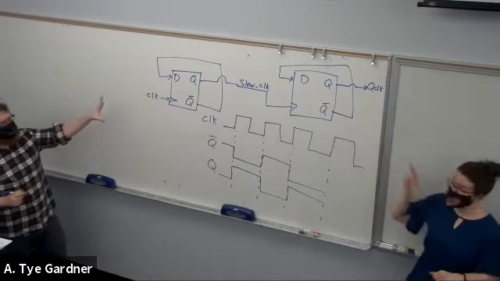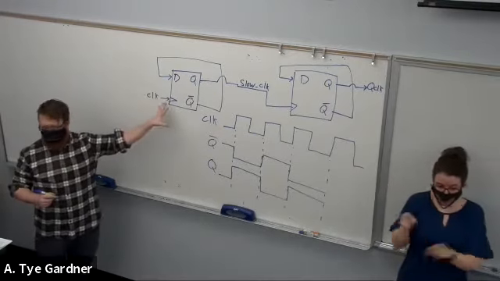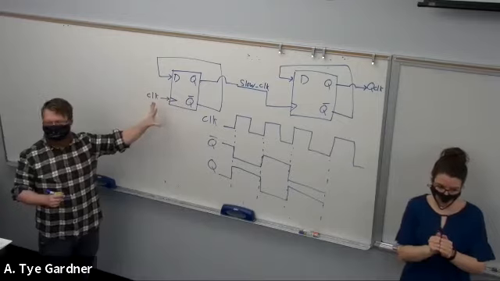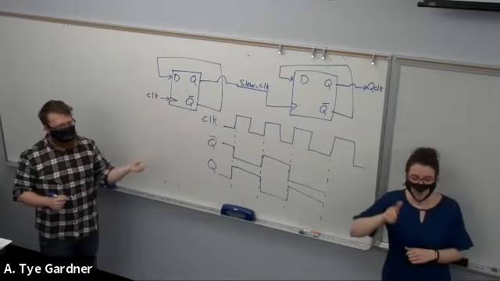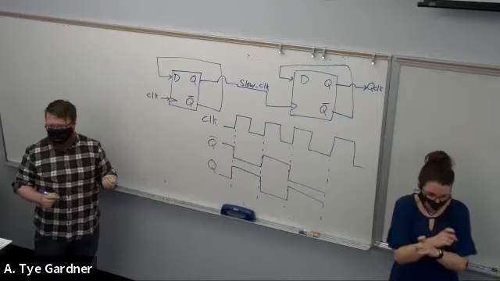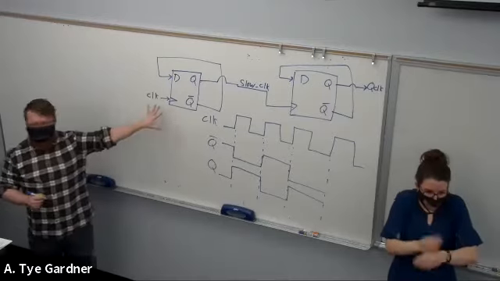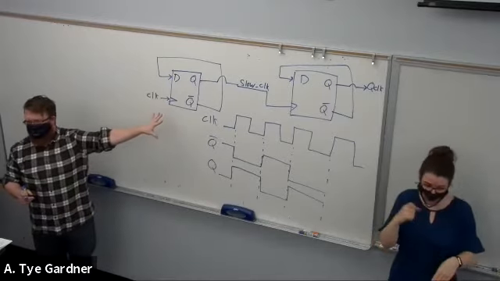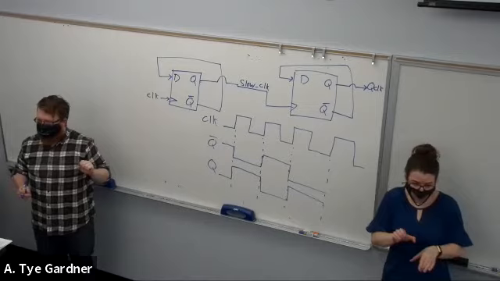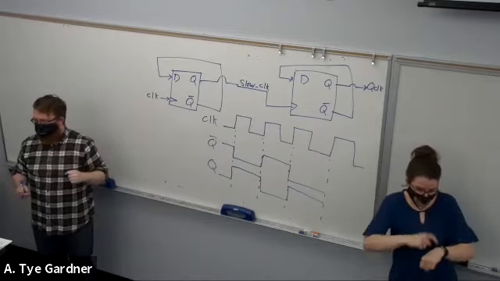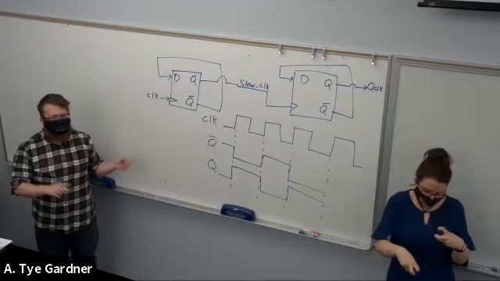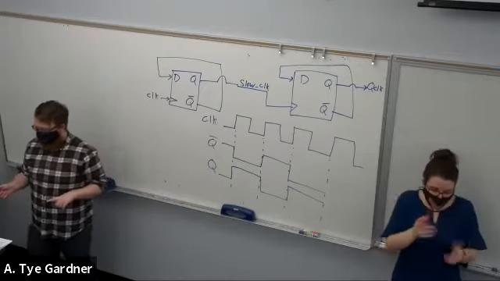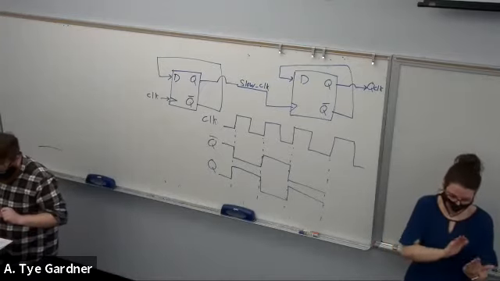When we get to 3610 in the future, we'll investigate ways to generate more complicated schemes of clock division, because there's no good way doing this to divide the clock by 1.5, right? That would be really hard. But I will cover a way to do that that is pretty easy coming up.